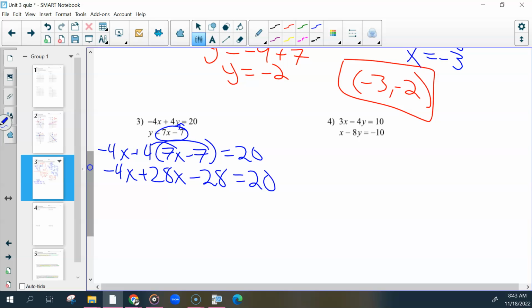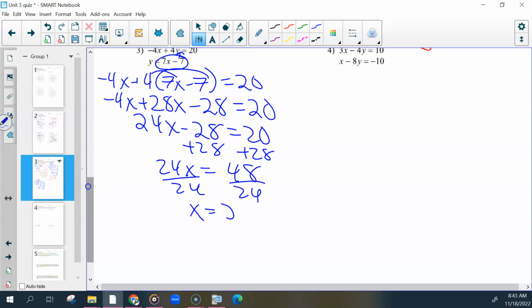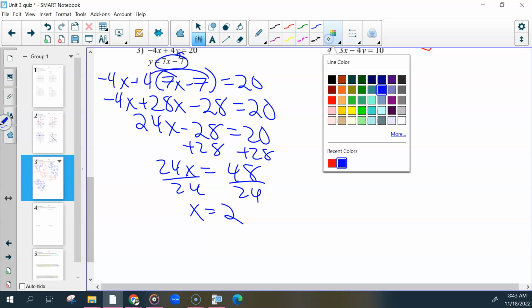As you combine your like terms, this becomes a positive 24x. And then as you keep solving, this becomes 48. Divide both sides by 24. 2 should have been your x. And then put that back in for your y.